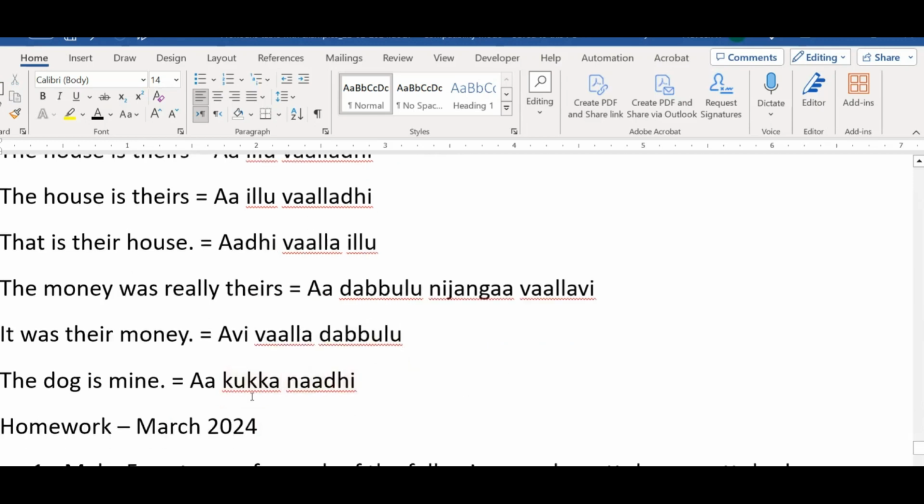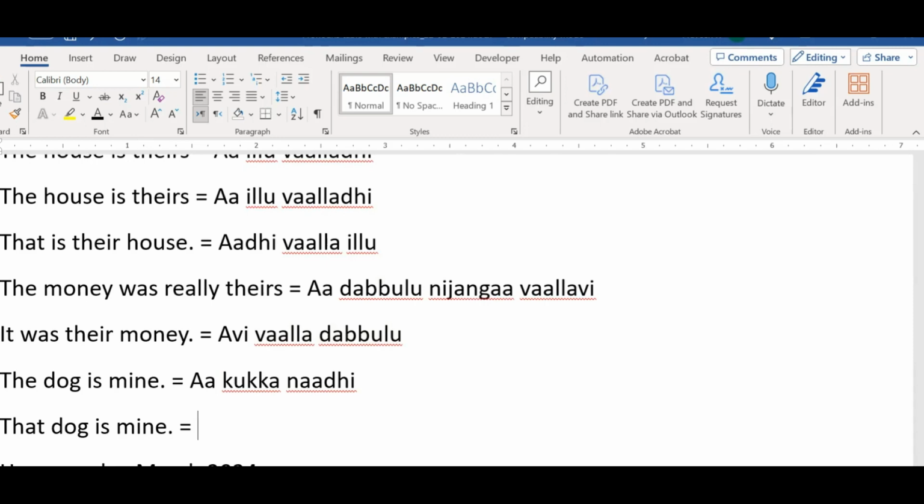If the noun comes first, then walladi, naadi, aamedi, the ending will come. The dog is mine. A kukka naadi. That dog is mine. Can you try the ending? That dog is mine.